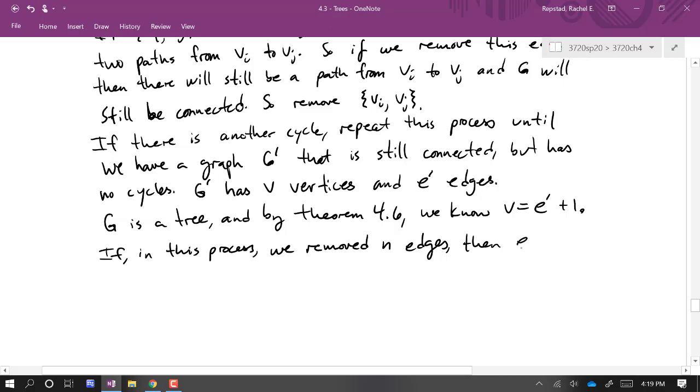Then the number of edges we started with in our original graph G is going to be equal to E prime plus n. Right? We removed the n edges to get the E prime edges in our tree G prime.